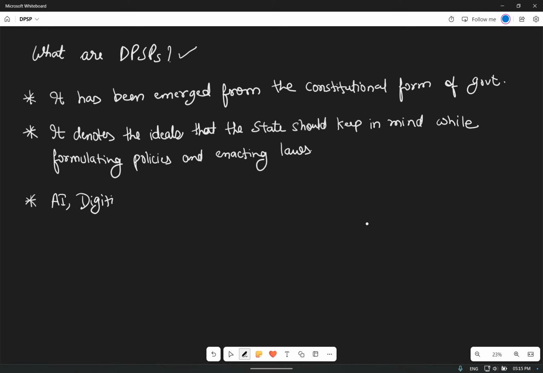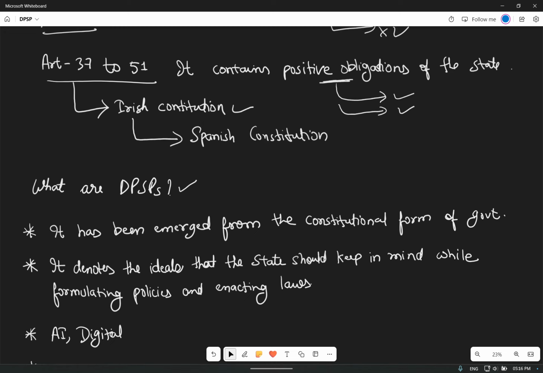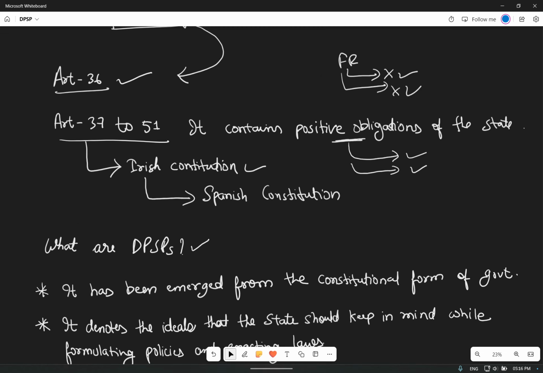So as per that also there is a need of change in many digital related laws, data related stuff and all. So in those cases DPSPs are getting evolved over a period of time, and DPSPs are emerging from the emergence of this constitutional form of government. Okay, so it emerged from the constitutional form of government that we have discussed.